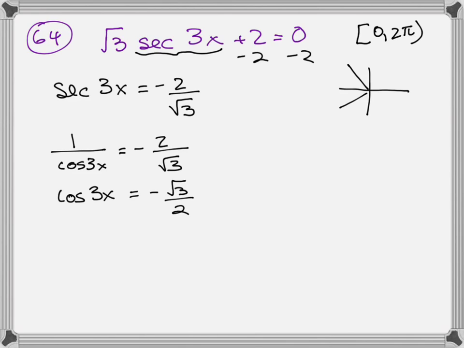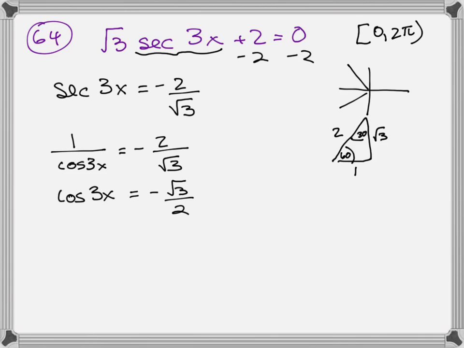Okay, and if you go by my drawings here, let's draw a special triangle with 60 and 30 degrees. We have 1, 2, square root of 3. So the square root of 3 over 2 cosine would be 30 degrees or pi over 6.